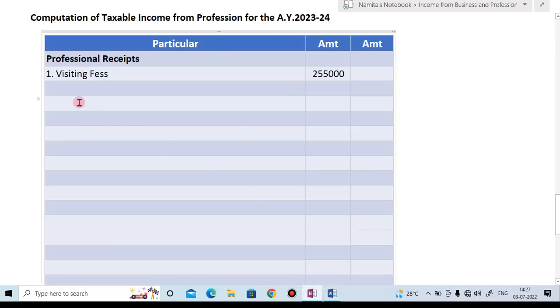Hence we are taking it in the professional receipts: consultation fees, 2,75,000.